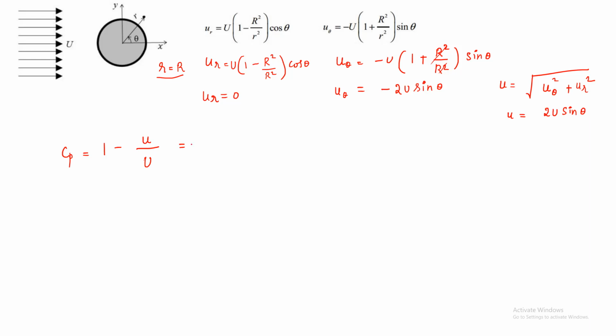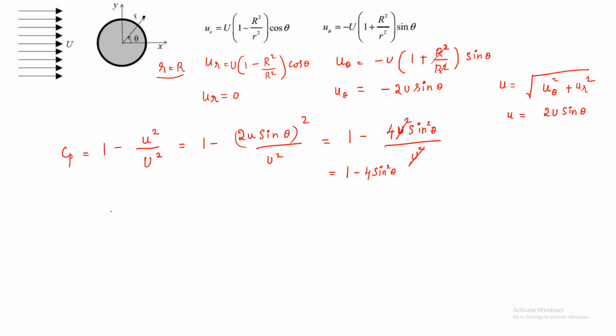If we substitute this, we get 1 minus (2U sin theta) whole squared by U squared, that is 1 minus 4 U squared sin squared theta by U squared. The U squared cancels, and we get 1 minus 4 sin squared theta.